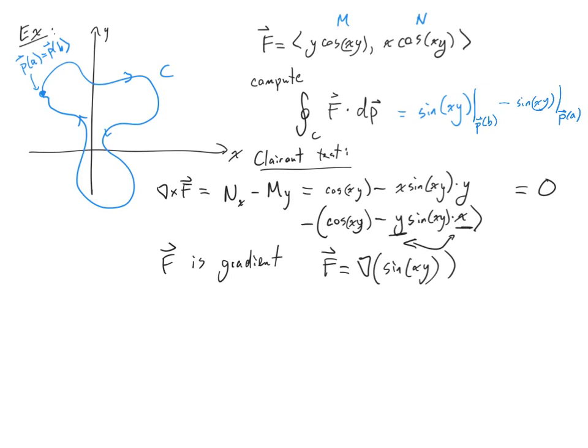Oh, but those are the same points, so whatever is at that point, it's the same at both of them because they're the same point, so this is always just 0.